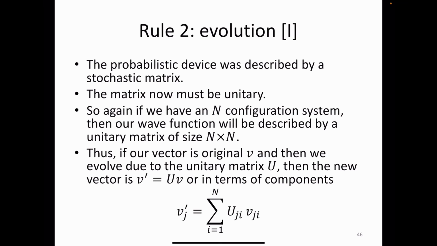If the original vector is v, and then we evolve with the unitary matrix u, then the new vector v prime is given by the unitary transformation applied to v, the original state. Or in terms of components, v sub j prime equals the sum over all i of u sub ji times v sub i.